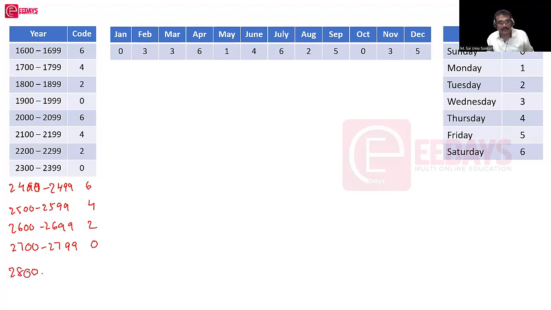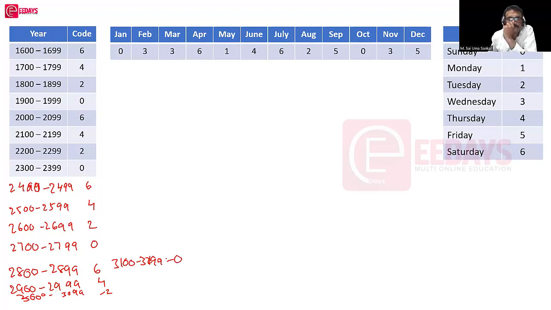Suppose if you want to find 2800 to 2899, that code again 6. And 2900 to 2999, that code is 4. Suppose 3000 to 3099, that code is 2. And suppose 3100 to 3199, that code is 0, like that. Okay, so this is the century codes.